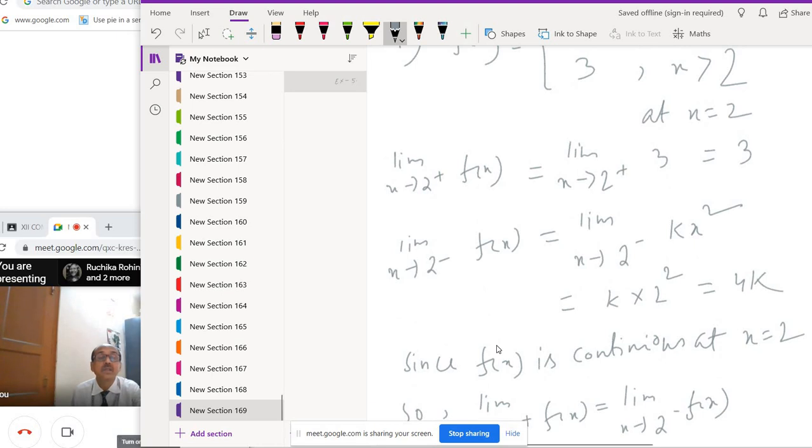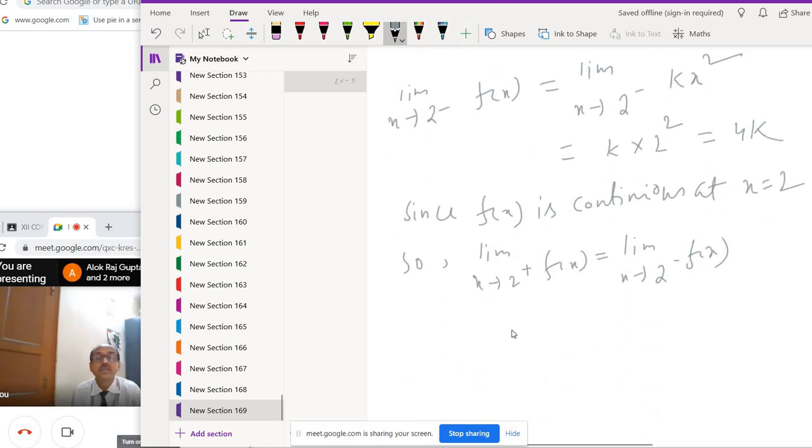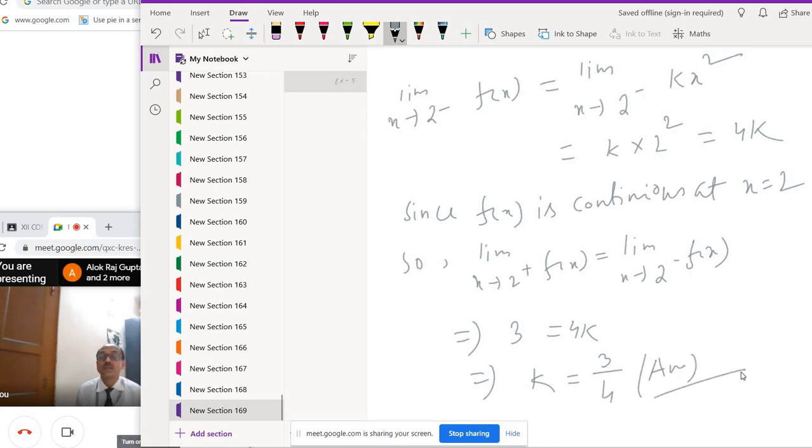This implies k equal to 3 by 4. This is the answer to the question, find the value of k.